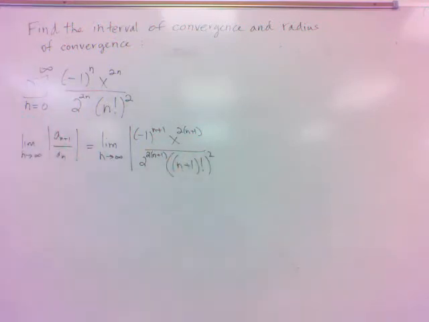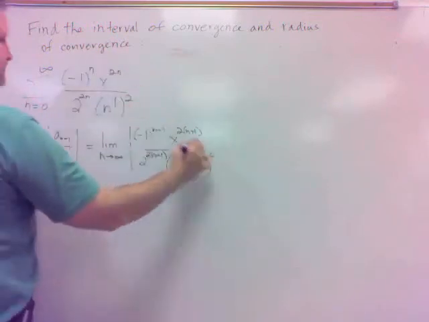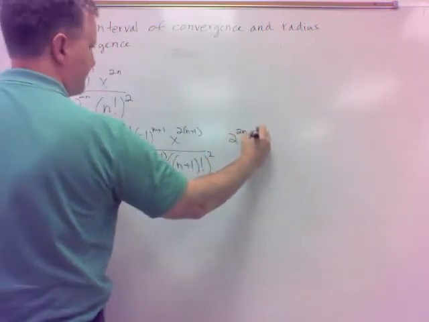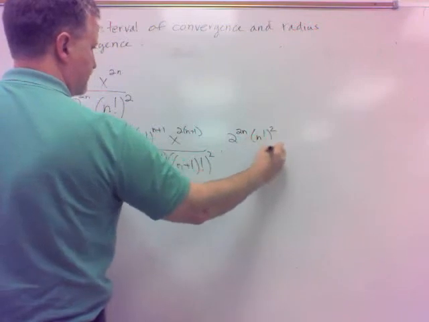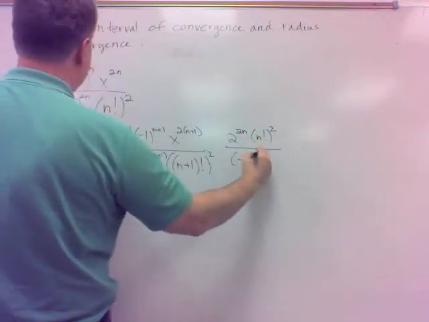That's just a sub n plus 1. Then I divide that by a sub n, which is going to be just a reciprocal of this right here, right? This will be 2 to the 2n, n factorial squared, over -1 to the n, x to the 2n.